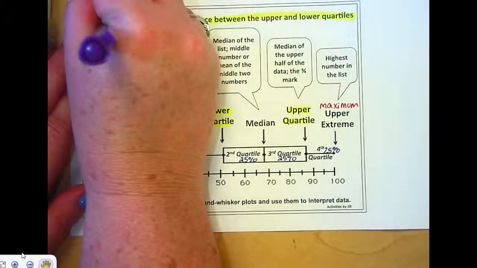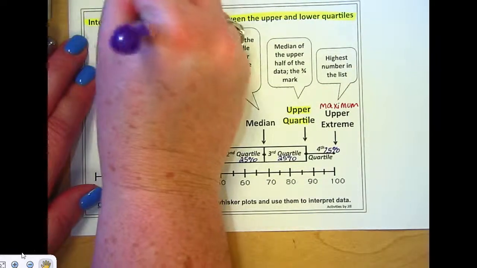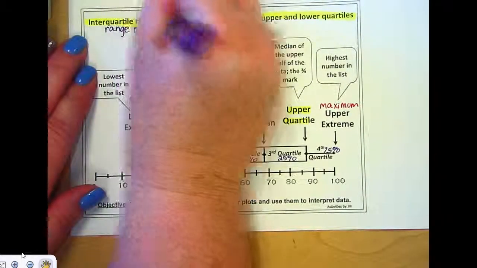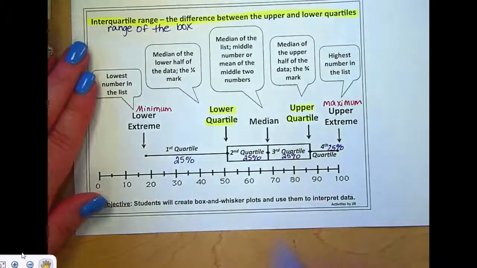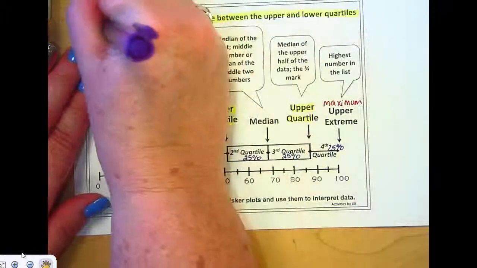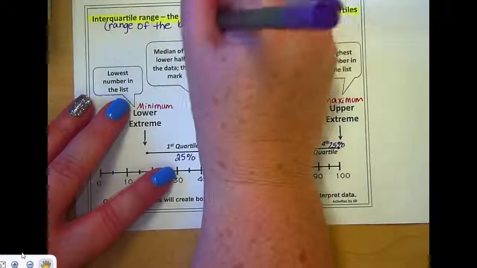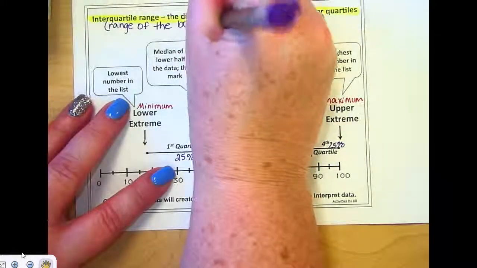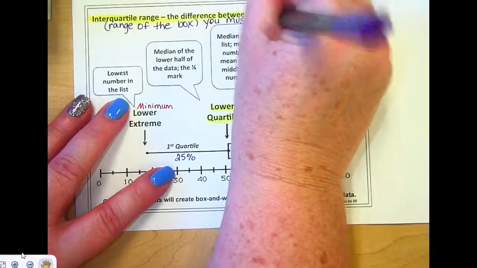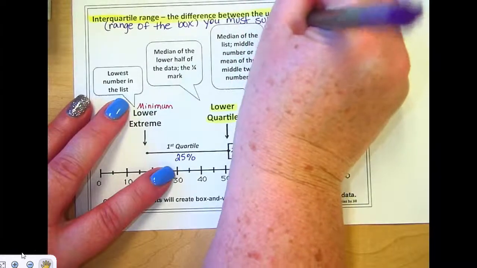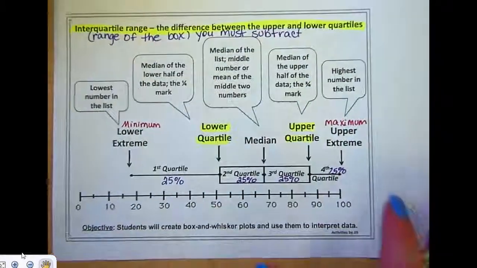So that's the range of the box. That's the middle 50% or the range of the box. And remember, for range, you're going to subtract. That says you must subtract.